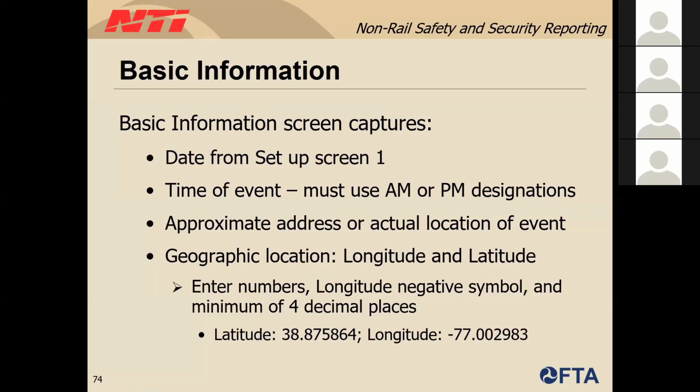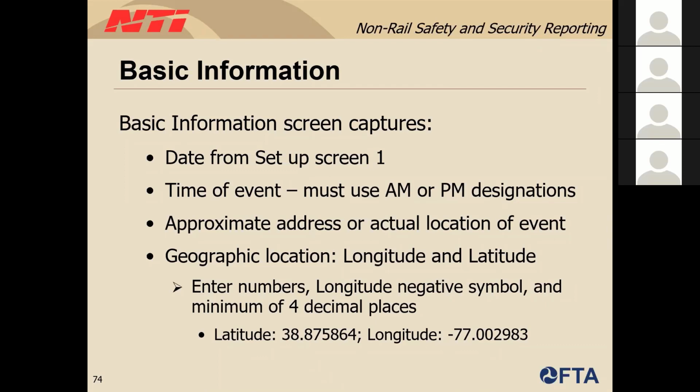If the event meets the criteria for a major event, the basic information screen will appear next. The basic information screen displays the date you already selected. When entering the time, be sure to use AM or PM designations, even if you use military or 24-hour clock format. The approximate or actual location of the event.